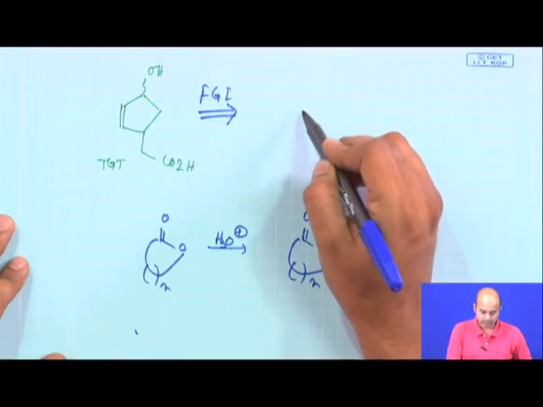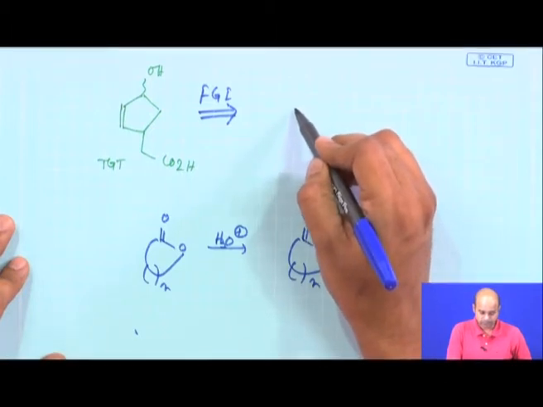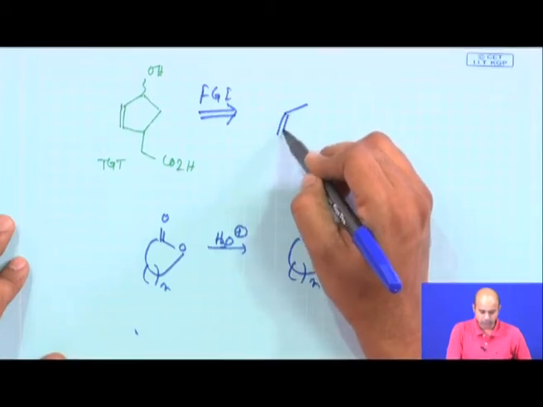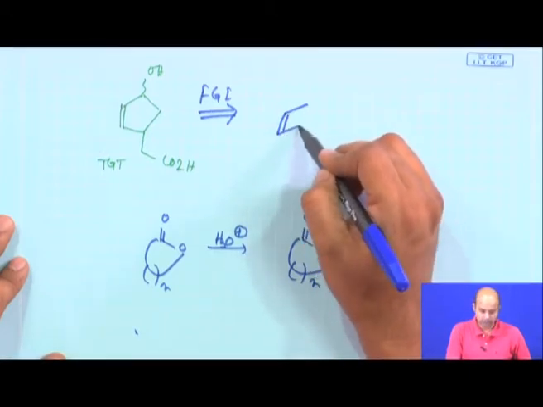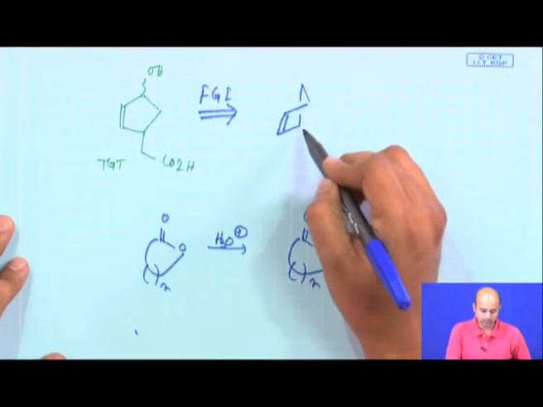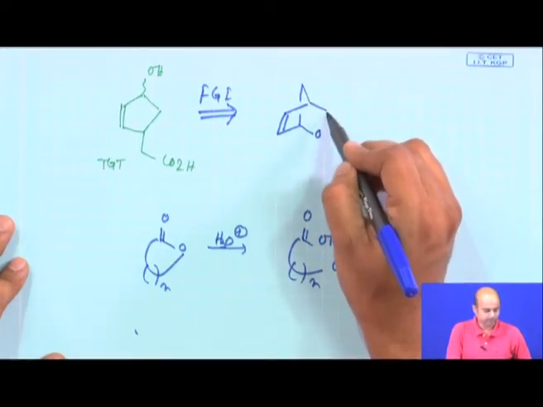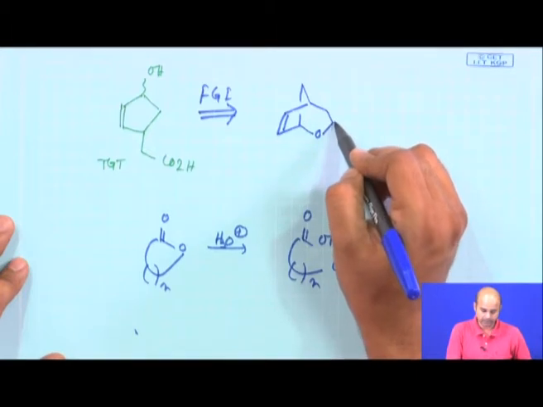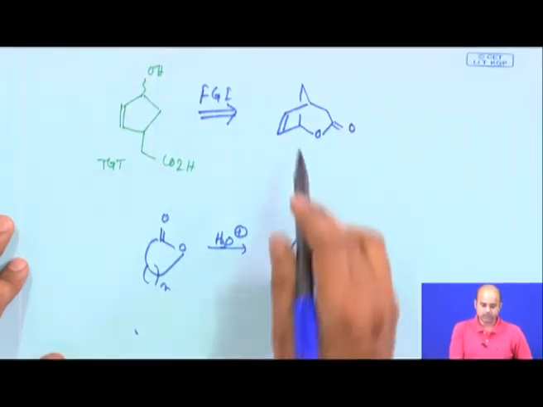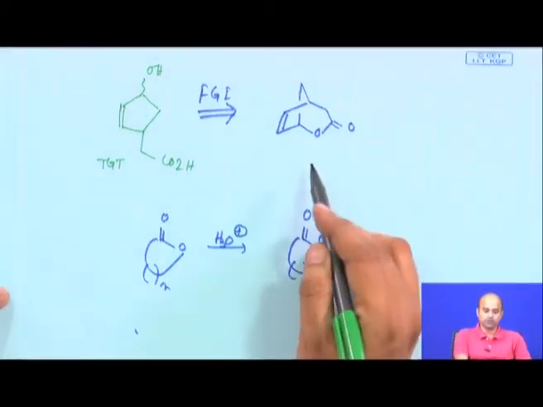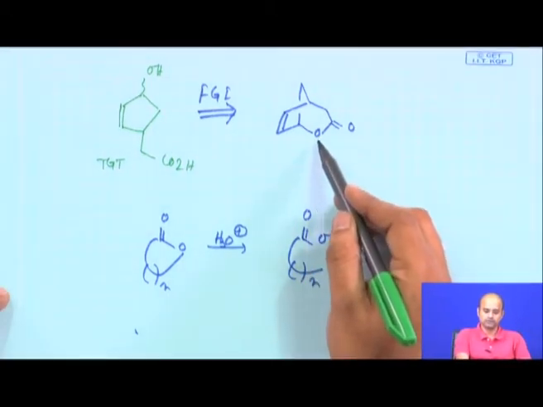Then you try to draw the lactone which will give you this hydroxy acid, and I figured it out. This could be the starting material, which after hydrolysis will give these things.